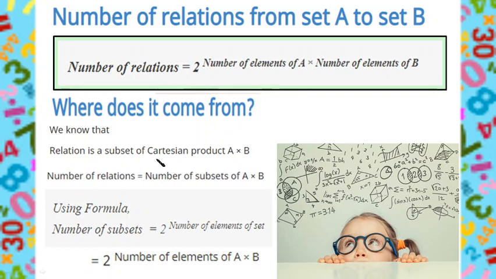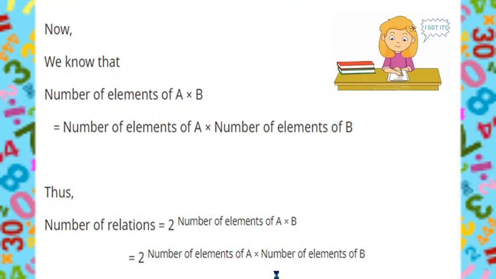We know that a relation is a subset of the Cartesian product, and the number of relations is equal to the number of subsets of A cross B. So using the formula that you have used in class 11, that the number of subsets is equal to 2 raised to the power of the number of elements of that set, we can say the number of relations is equal to 2 raised to the power of the number of elements of A cross B, meaning the Cartesian product.